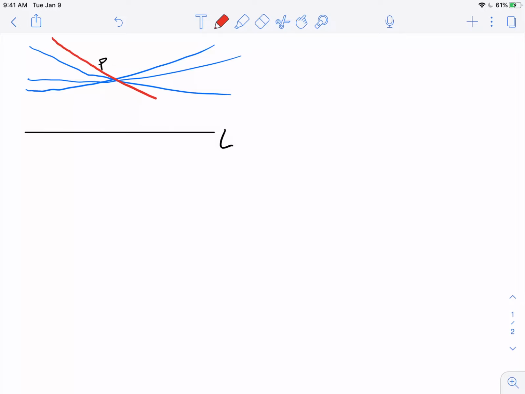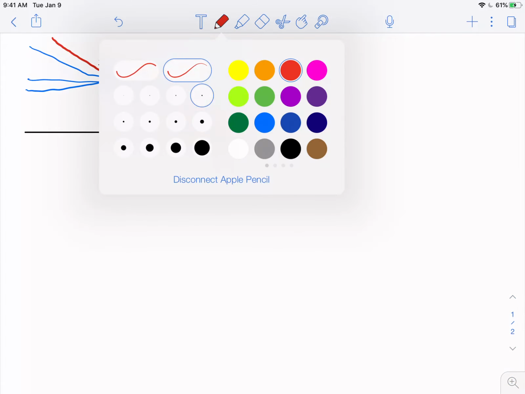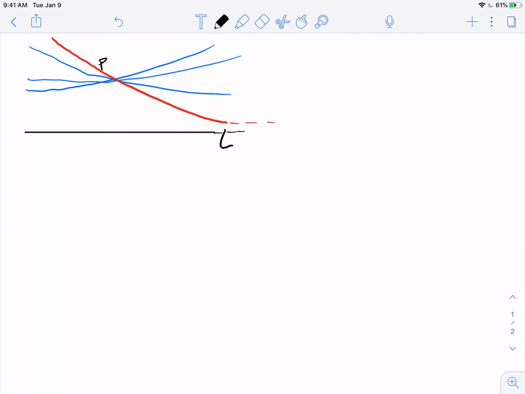And in fact, as I move, in this case, to the right, this red line is going to become asymptotic to L. So there's a unique choice of geodesic which becomes asymptotic to L as I move in a certain direction and goes through the point P.